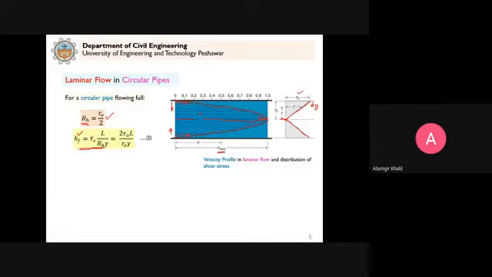And then what was the problem with this equation at that time? That we don't know how to calculate the shear stress. So then we applied the dimensional analysis technique to calculate the value of this shear stress, and then we put it here, and finally what did we obtain? We obtained the Darcy-Weisbach formula, F L by D, V square by 2G.